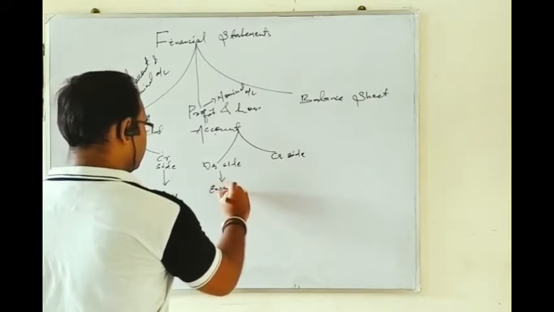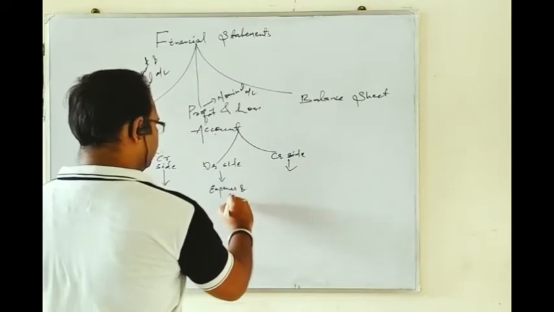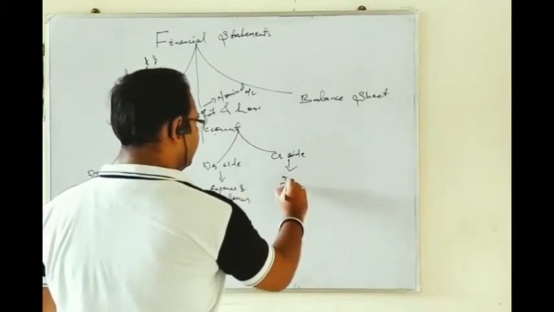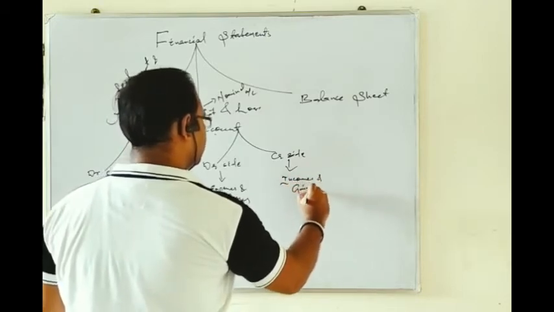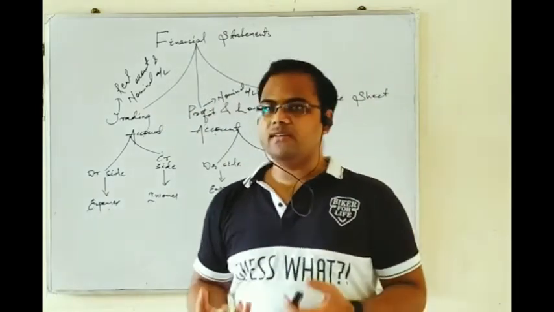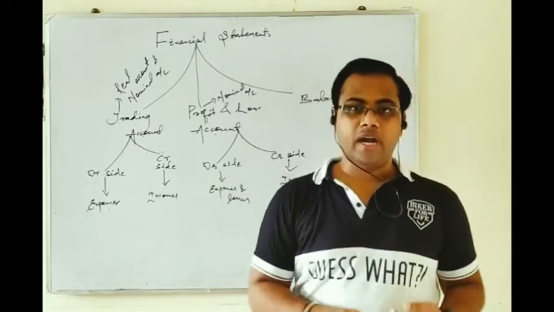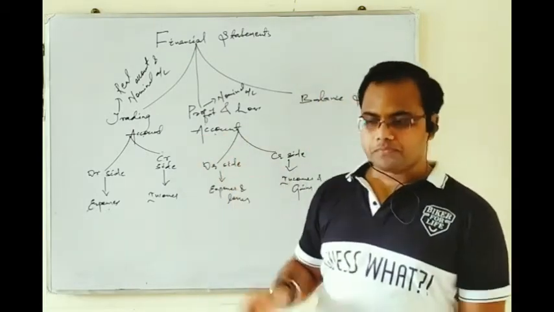On the credit side you should write the incomes and gains that you get from the business or any other sources, like you purchase an asset and sell it and you have some profit. So you can write it on the credit side of profit and loss account. And if you have a loss, likewise you can write it on the debit side of the profit and loss account.